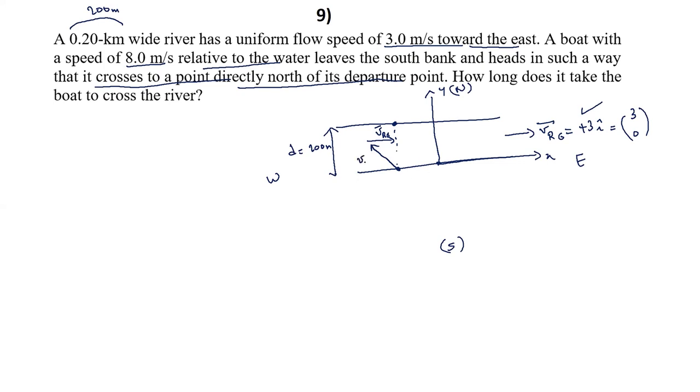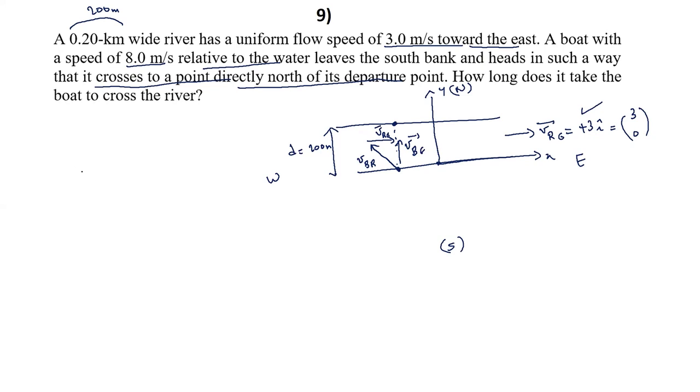So this is the velocity of the boat with respect to the river, such that the sum of these two velocities will give you the velocity of the boat with respect to the ground, because he wants to cross directly here. He wants to leave the south bank and go to the north bank here. So he has to go a little bit against the flow of the river, and the river will push him a little bit toward the right, and he will end up exactly here.